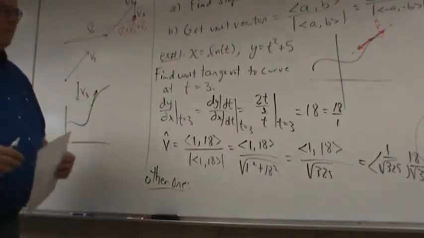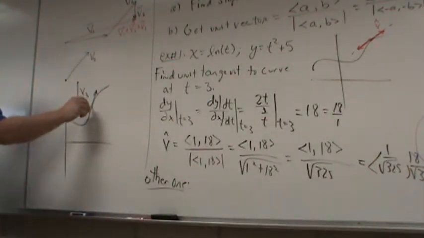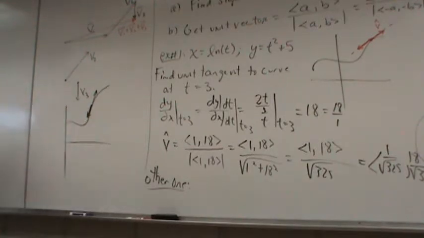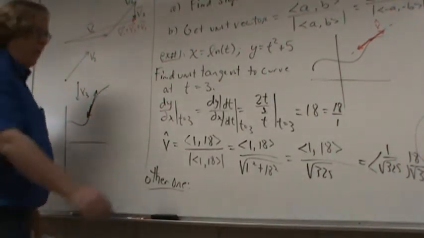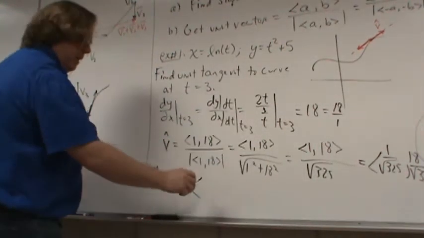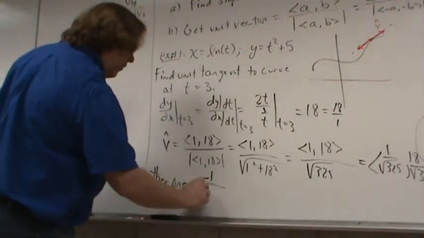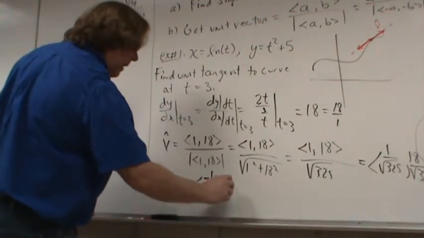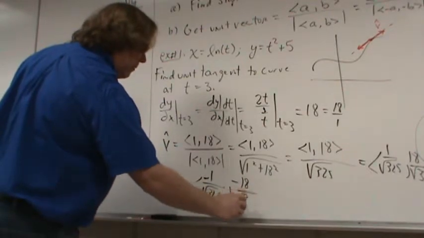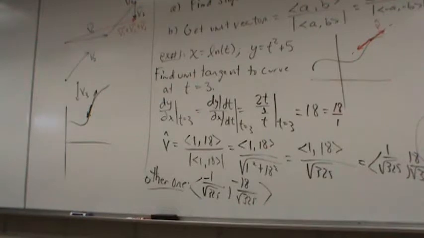The one in the opposite direction. Yeah, thank you very much, Daniel. And so what would its coordinates be? Instead of 1 over radical 325, what am I going to put here? Negative 1. Yeah, good for you. Negative 1 over radical 325 and negative 18 over radical 325. Yeah, like I said, just so you can get the same answer as the book.